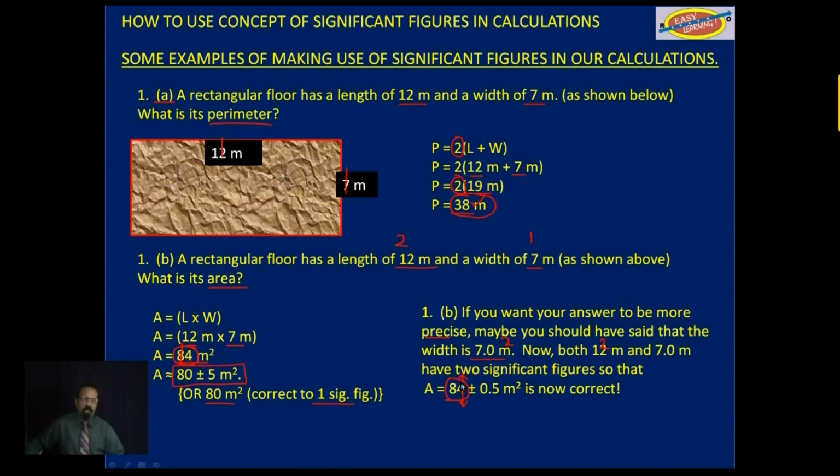And since the uncertain digit is at the ones position, which is where the 4 is, then we will divide that 1 by 2 and we will get 0.5 more or 0.5 less. So our answer to this is 84 plus or minus 0.5 square meters.